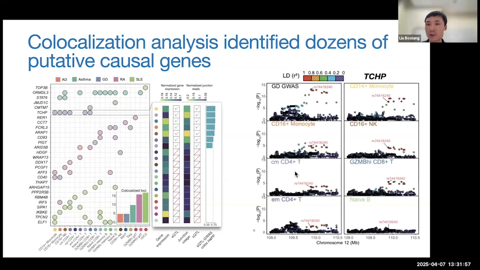The second point I want to show is that this splicing effect is genetic and cell type specific. Here is the Graves' disease GWAS, and we see that the same lead variant, rs74416240, has a regulatory effect in CD14 monocytes, CD16 monocytes, natural killer cells, and T cells, but this effect disappears in B cells and all these other 12 cell types, right?